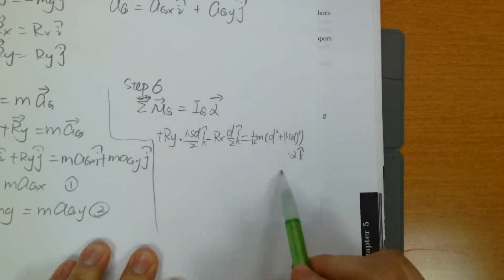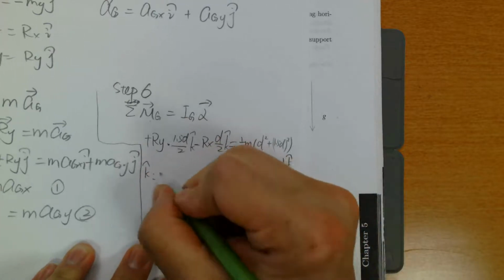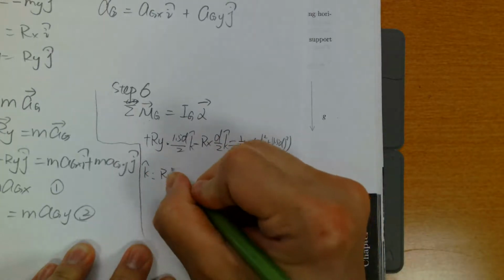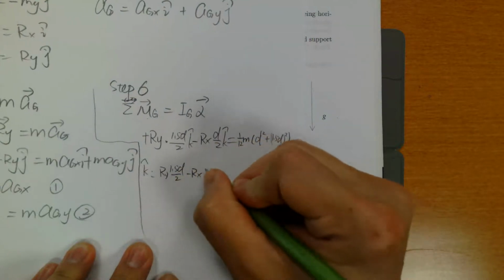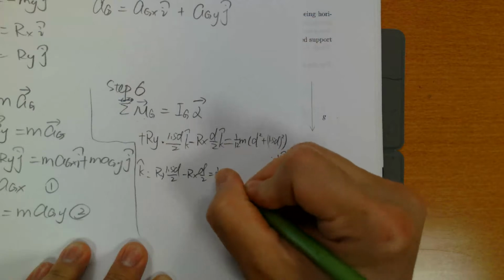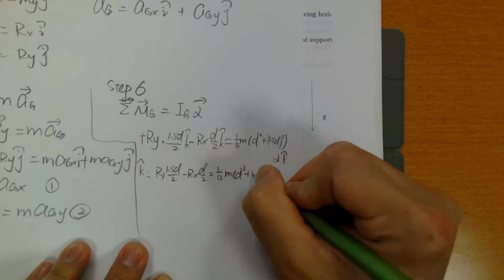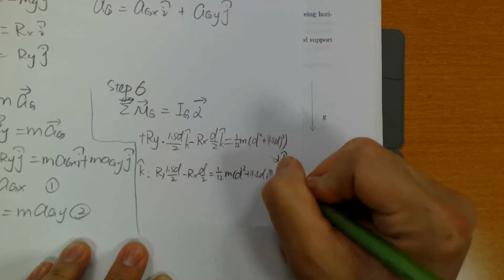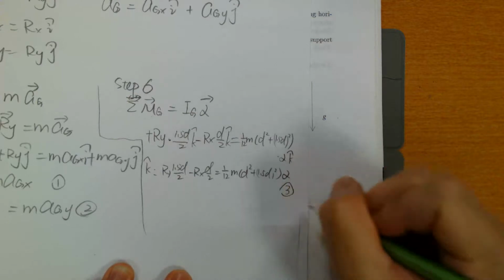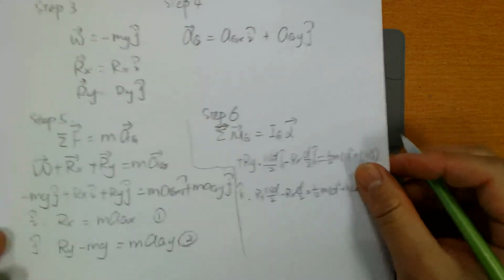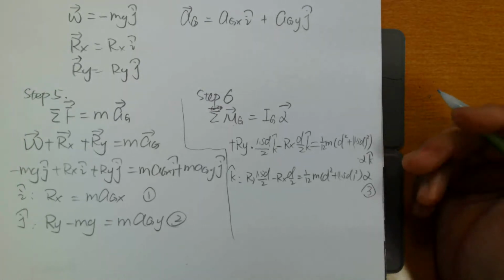So this is our Euler's equation. And we can get a scalar equation in the k direction, which is Ry 1.5d divided by 2 minus Rx d over 2 equals 1 over 12 m times (d squared plus (1.5d) squared) alpha. This is going to be our third scalar equation. So far, from step 1 to step 6, you can obtain 3 scalar equations.